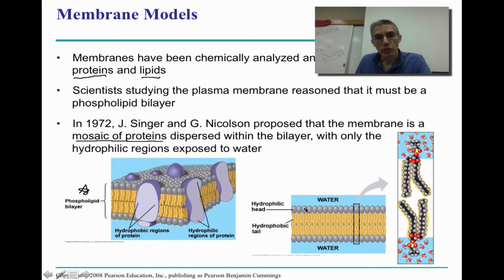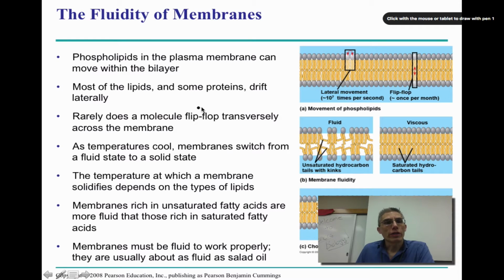So the head region of the bilayer is going to be considered the hydrophilic head, so that's the water-loving head of the layer. And then the hydrophobic regions are going to be in between those hydrophilic heads. So it's a bilayer, so there are two layers there, but it's going to be kind of trapped in between those two hydrophilic regions.